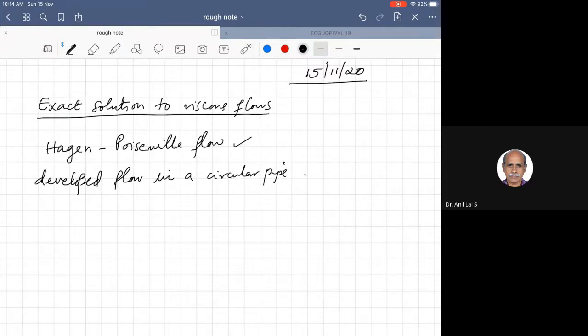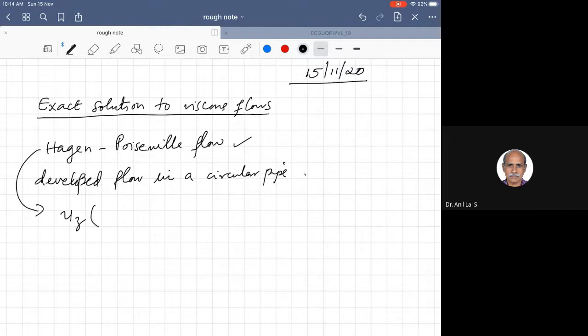So, the Hagen-Poiseuille equations are for the velocity along the axis of the pipe, that is u_z.